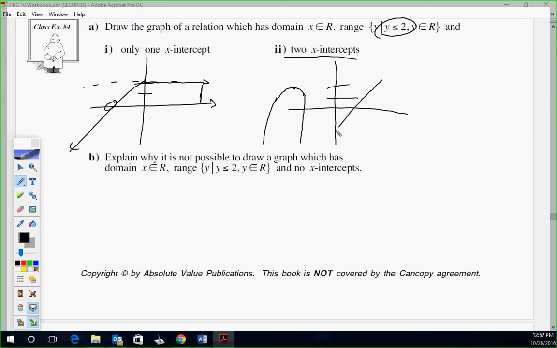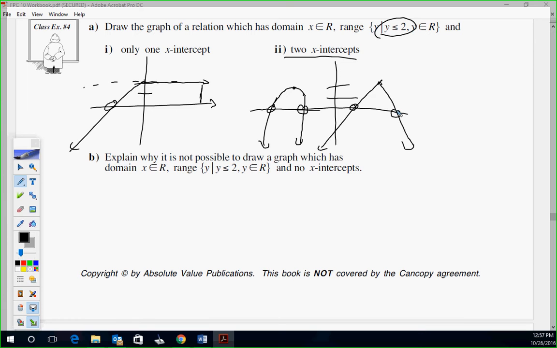Or I can do a v. Both work. But you have to have your arrows. That signifies it keeps going forever, which means all reals for x. They have 2 x-intercepts. 1, 2. Okay. Any questions on that?